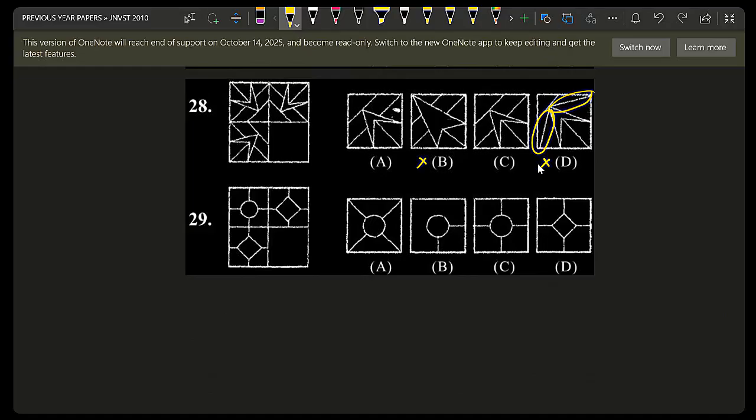And A and C, what is the difference between A and C? A and C are given almost the same. Yes, actually, both of them are matching the answer.